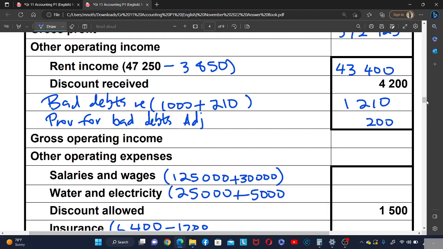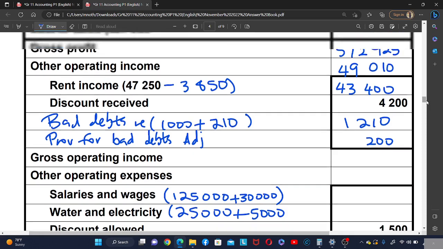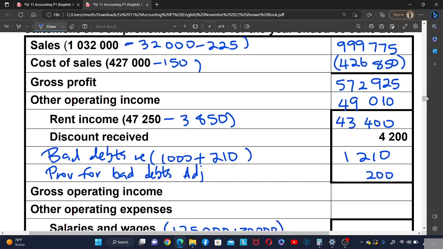So if you add all this, they are going to give you 49,010. So if you say gross profit plus operating incomes, they are going to give you the gross operating income, which is 621,935.